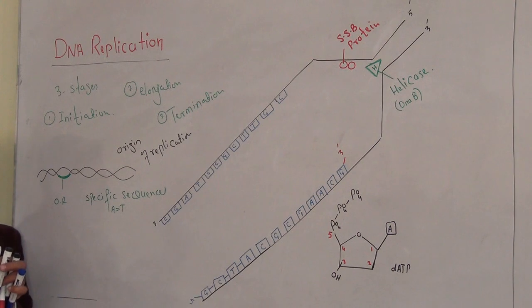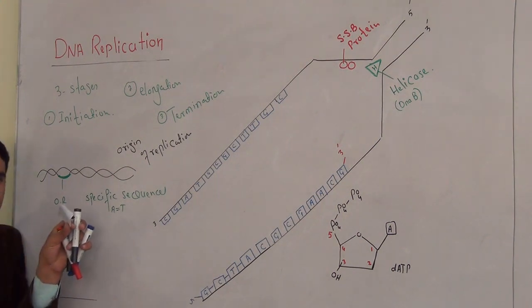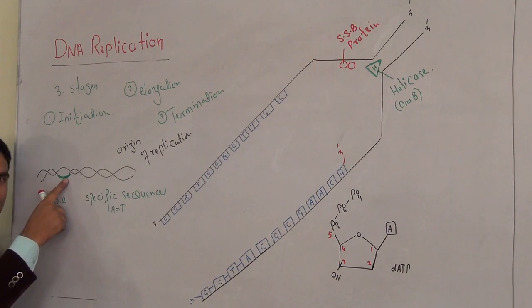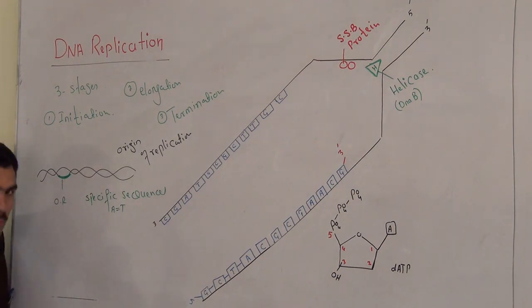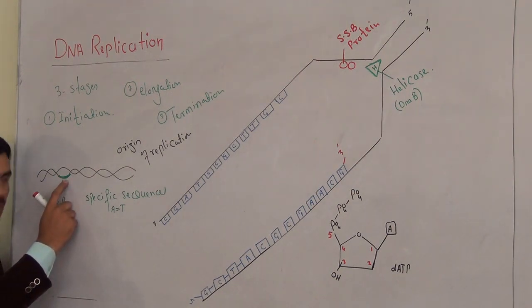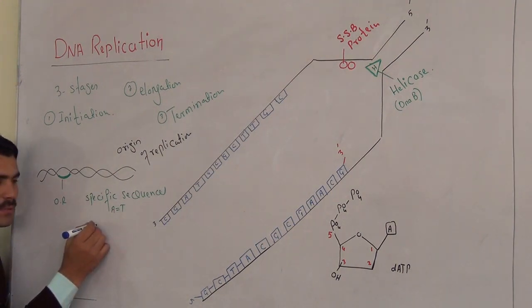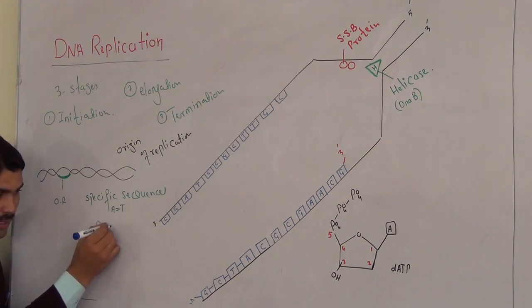Now what we have to do is separate these two strands. After the identification of this site, a protein called DnaA will be attached to this site. As I already told you, we will discuss each and every enzyme and protein in the lecture. So now here comes the function of DnaA, D, small n, small a.